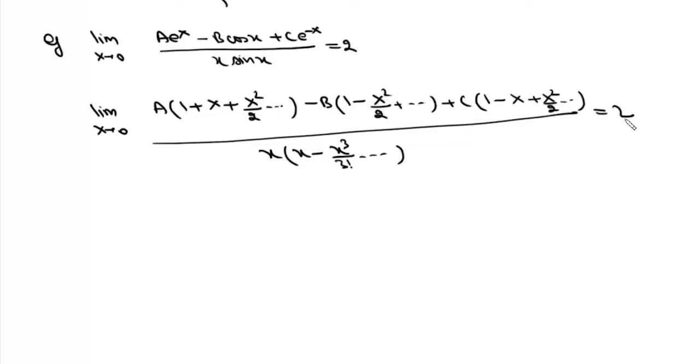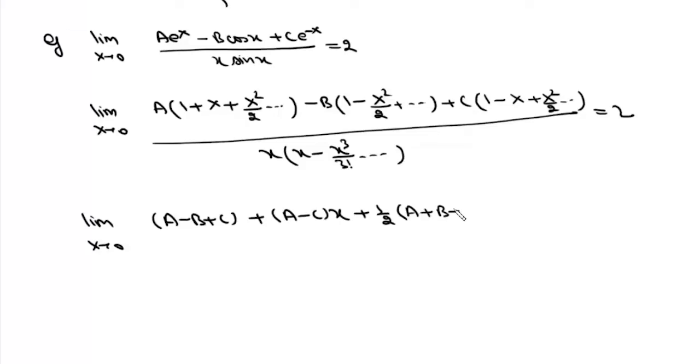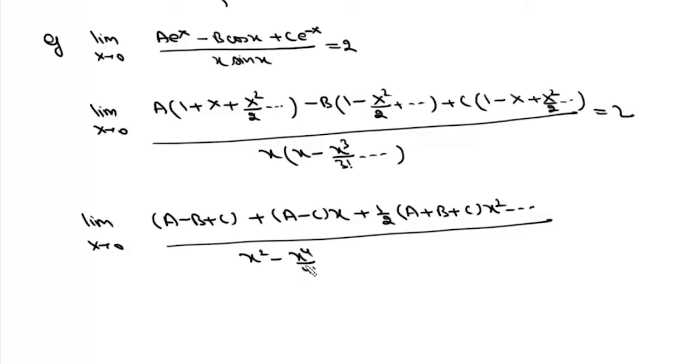Now what we'll do is we'll write this as ascending powers of x. Now it will be this limit x tends to 0, and our constant term is a minus b plus c, plus a minus c times x, plus 1 by 2 a plus b plus c into x square, upon x square minus x to the power 4 upon factorial 3, and it is equal to 2.